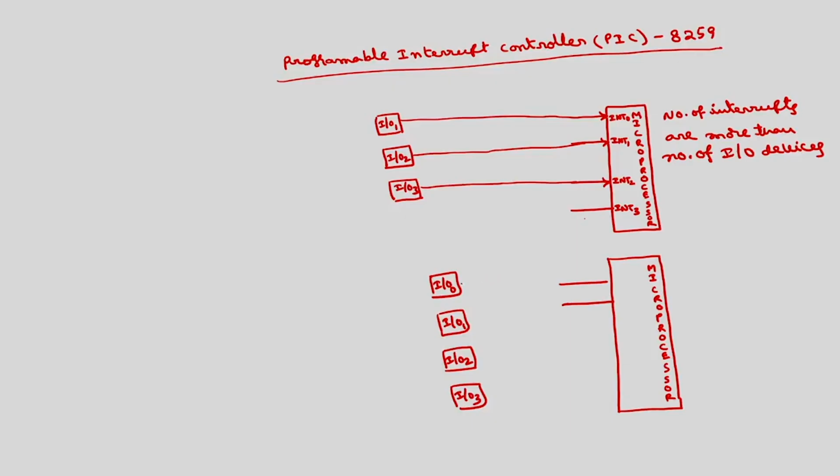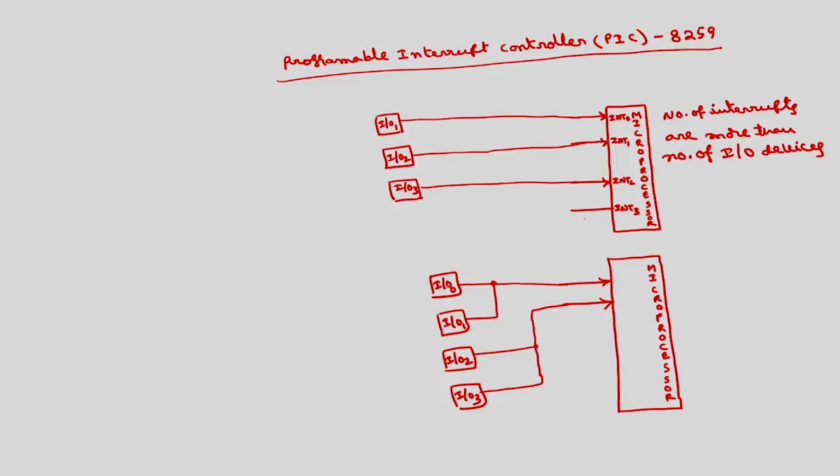Then you have to connect at least 2 IO devices to each interrupt. You have to connect these 2 to the same interrupt, and similarly these 2 to the same interrupt. In that case, you have to assign the priority and resolve the problem.